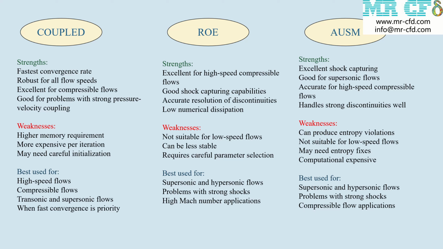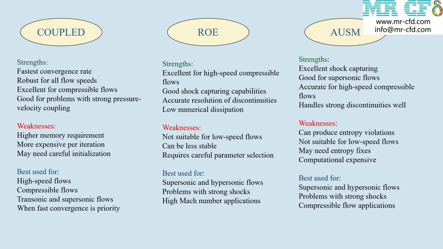Each iteration demands more resources compared to other pressure-based algorithms, and it is sensitive to initial conditions. The coupled solver can be used for high-speed compressible flows, as well as transient, supersonic, and subsonic flows. When using the coupled solver, ensure good initialization and consider the memory requirements.